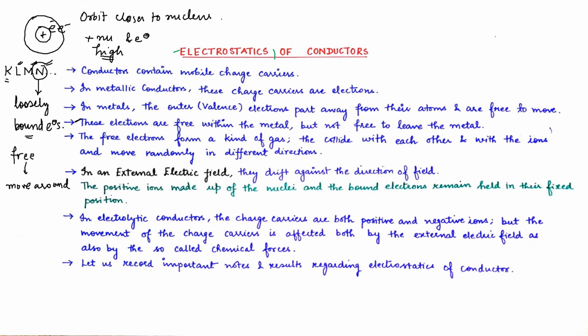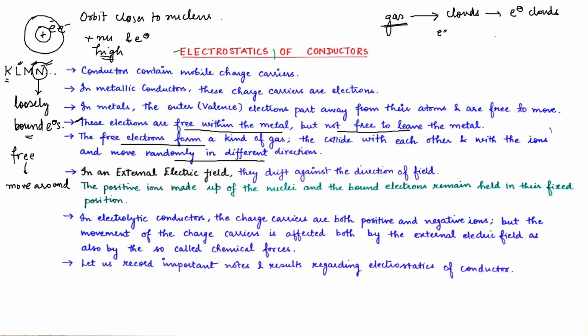Coming to the fourth point here: these electrons are free within the metal but not free to leave the metal. Free electrons form a kind of gas. They collide with each other and with the ions and move randomly in different directions. What is this gas? When we read physics beyond what is written in NCERT, we get to know that these gases are kind of clouds, termed electron clouds.